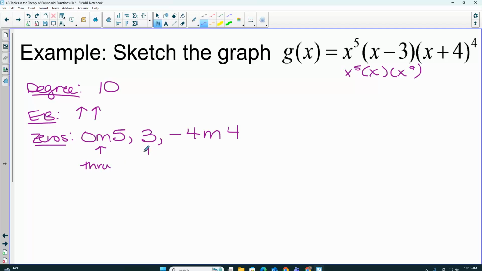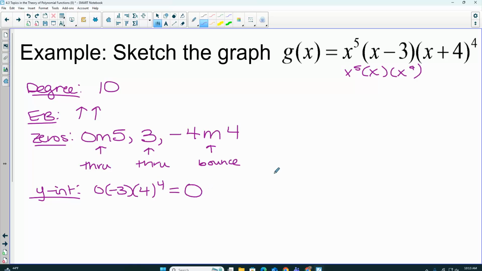Okay, what about 3? What about negative 4? Y-intercept. If I put in 0 for all my x's, I get 0 times negative 3 times 4 to the 4th. 0 times anything is 0.